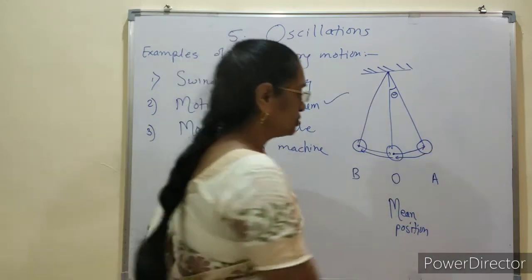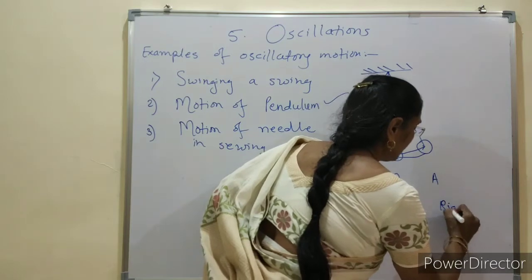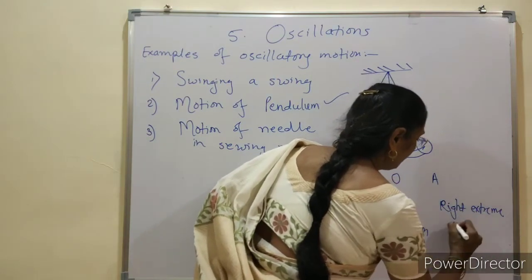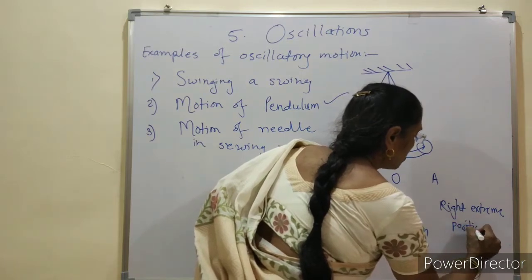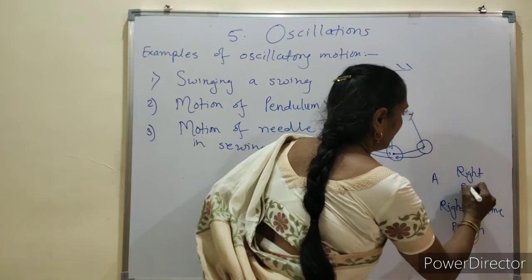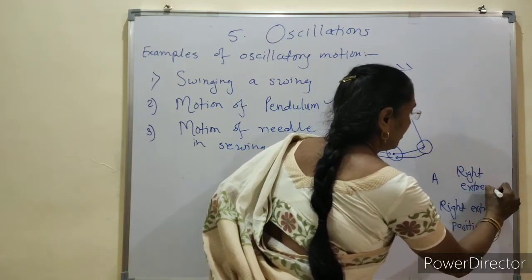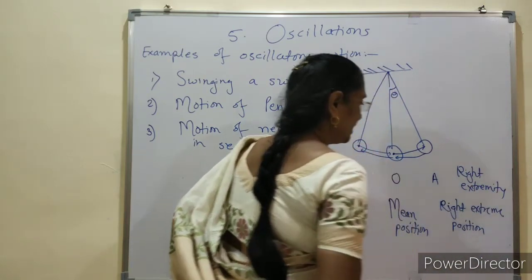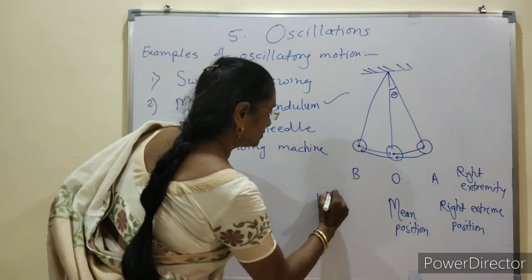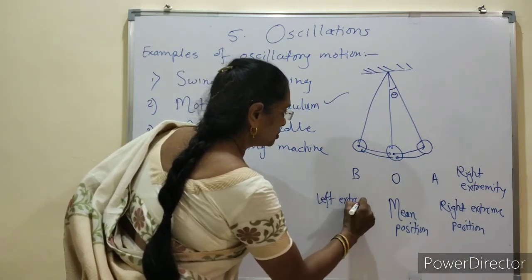The rightmost position is called the right extreme position. It is also called the right extremity. A is called the right extreme position, and B is called the left extreme position.